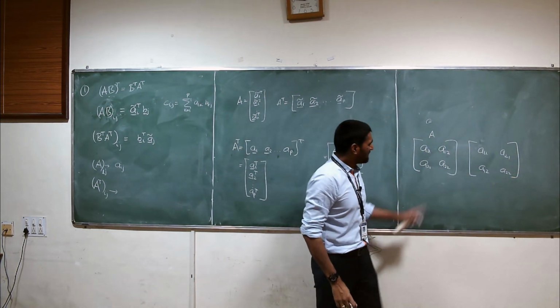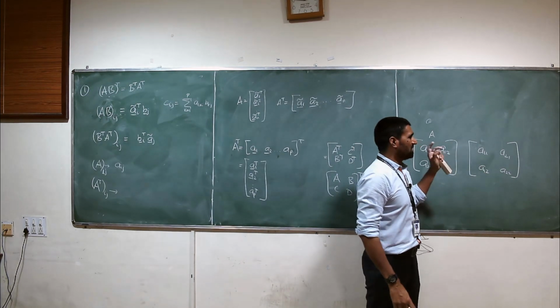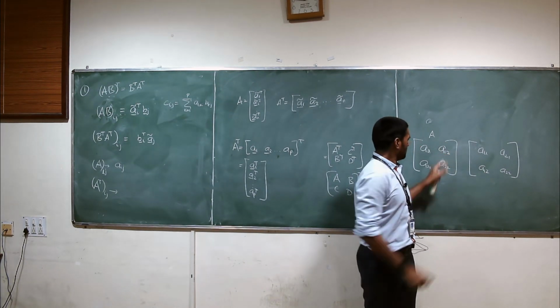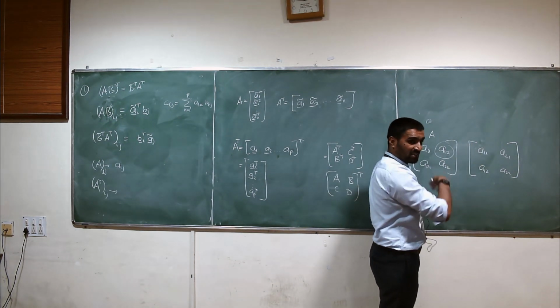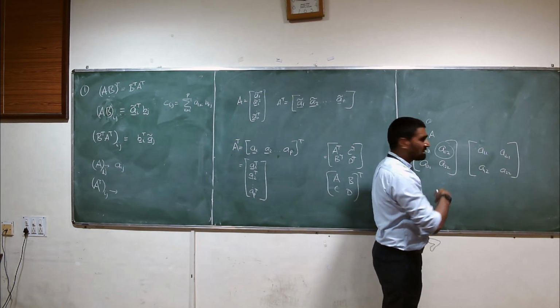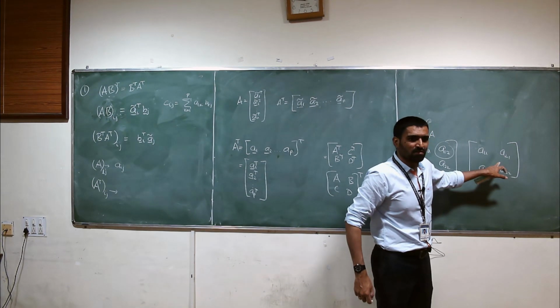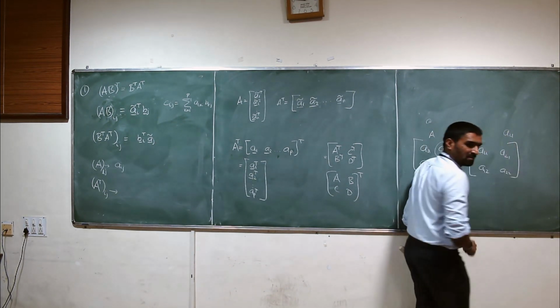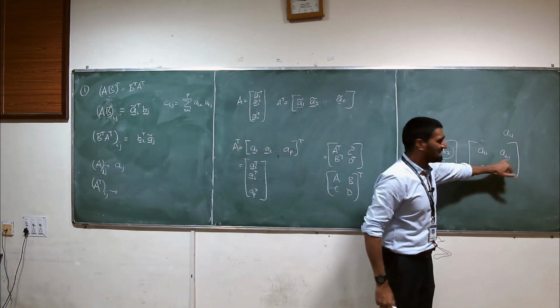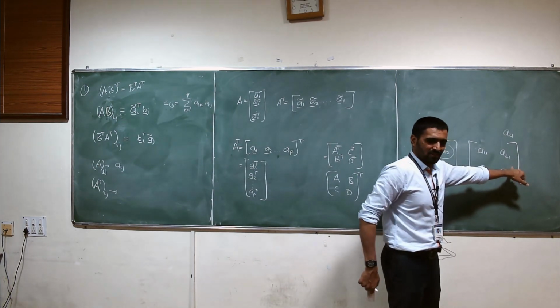Okay. What is the element in the first row and the second column of A transpose? It's not zero, right? So it's A-J-I. Is it clear?